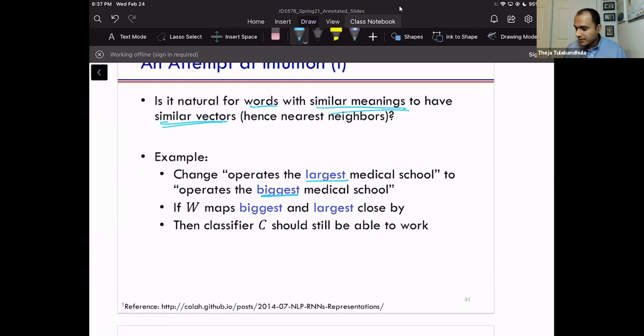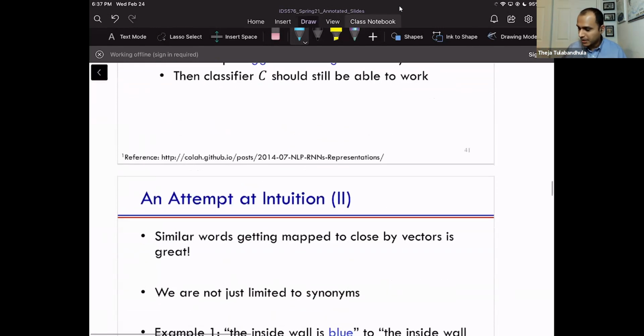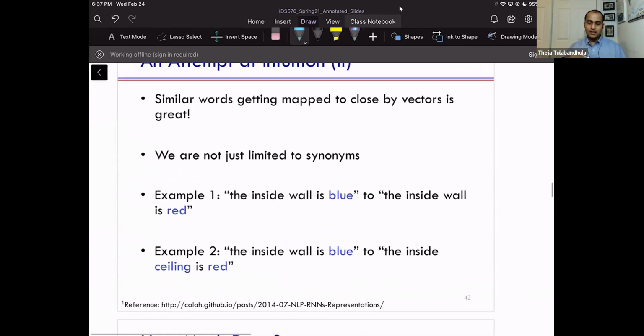But it's not just words that have similar meanings that should be close to each other. It can also be words which are not related to each other, but appear in similar contexts. That's a generality we were going for, and we motivated this last time. Words which appear in similar contexts should probably have similar vectors, so not just limited to synonyms or similar meanings.